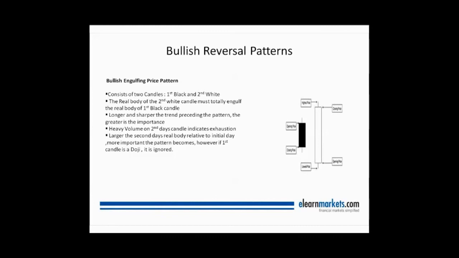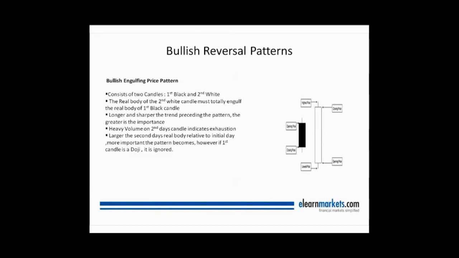The longer and sharper the trend preceding the pattern, the greater is the importance. That means the longer the downfall, the stronger is the impact. Heavy volume on the second day's candle indicates exhaustion.